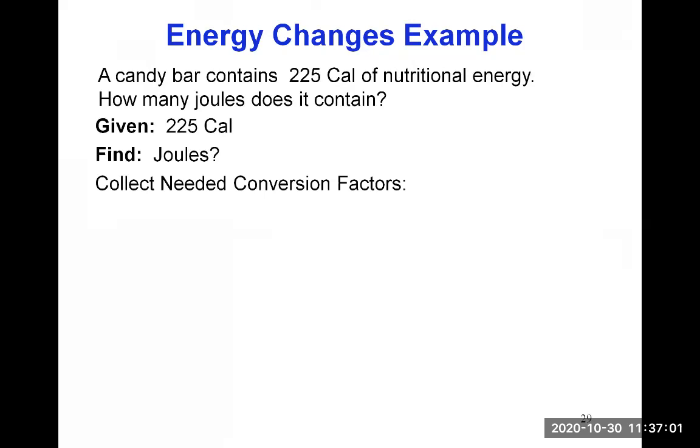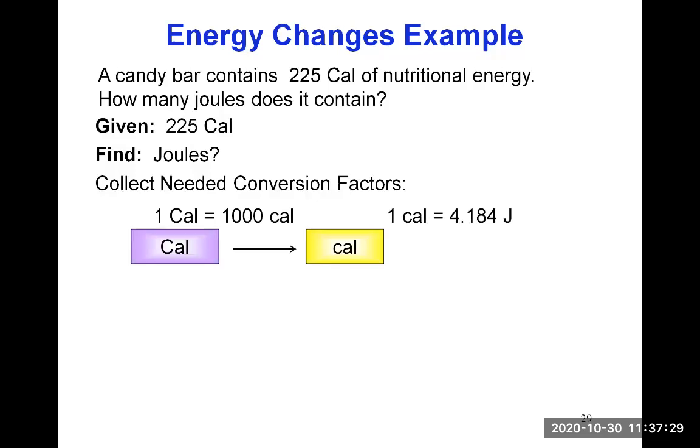Ideally between calories and joules. But as we saw in the previous slides, there is no relationship directly between joules and nutritional calories. We know one nutritional calorie is 1,000 smaller calories, and one small c calorie is 4.184 joules. So we will need to do two conversions. First from nutritional calories to small c calories, and then from small c calories to joules.